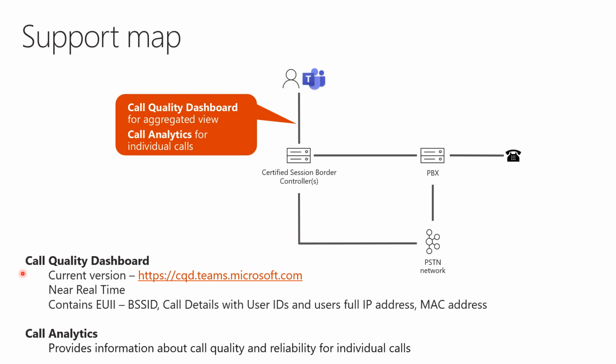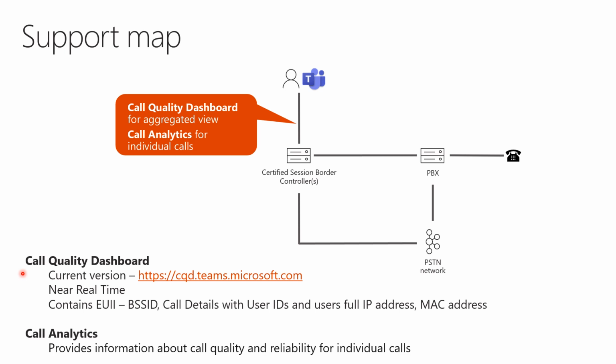This is data that's aggregated as well so that we can start to see trend analysis of calls that have been made by the direct routing infrastructure, among other things, right? This does contain end user identifiable information such as the wireless access point, the SSID they were connected to, their call details, their user IDs, their full IPs, MACs, and so forth. So there's lots of great information that you can drill down into utilizing the call quality dashboard. Plus, it gives you that aggregated view of calls over time.